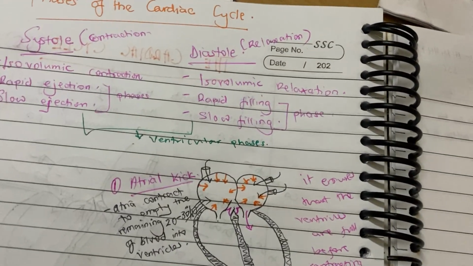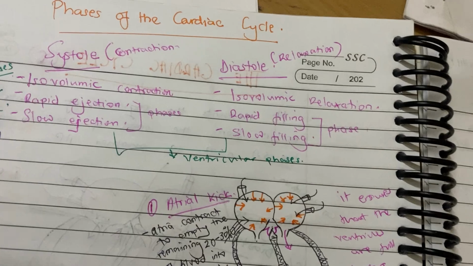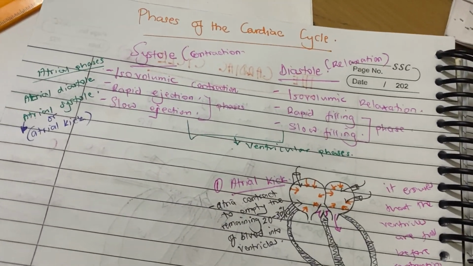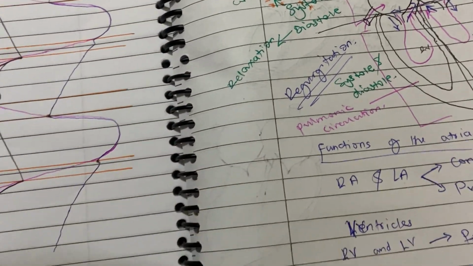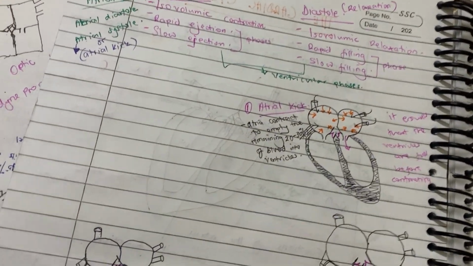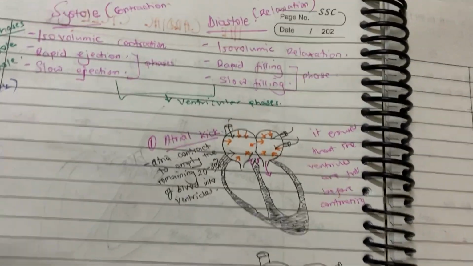So what is the state of the valves? We need to say that. We are talking about the atrioventricular valves, which we saw already: every valve is either the mitral valve or tricuspid valve, and the semilunar valves are the pulmonic valve or aortic valve.